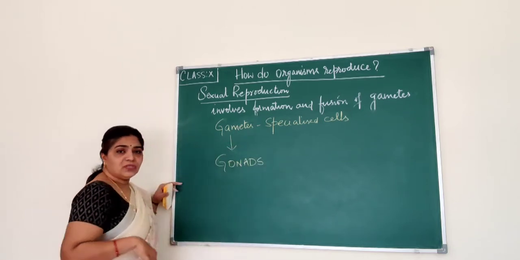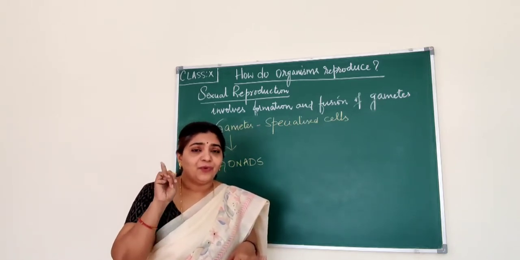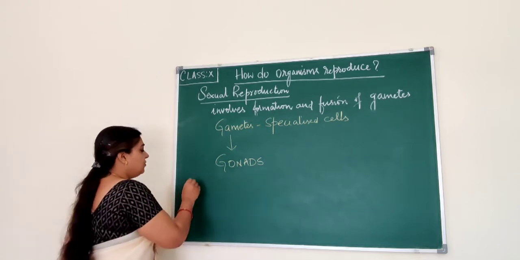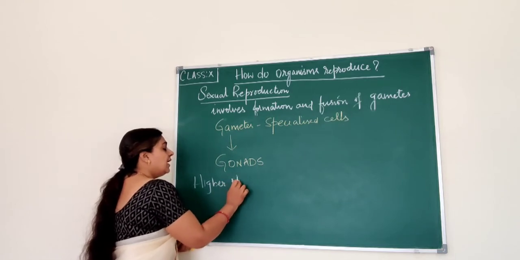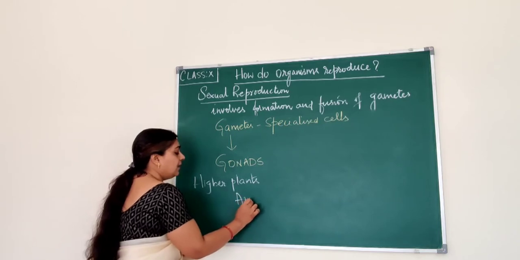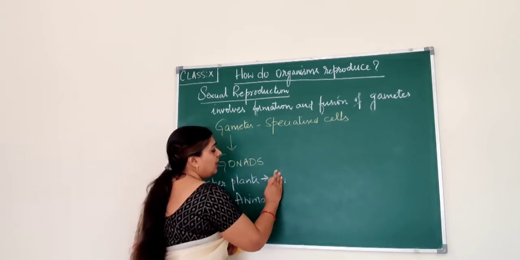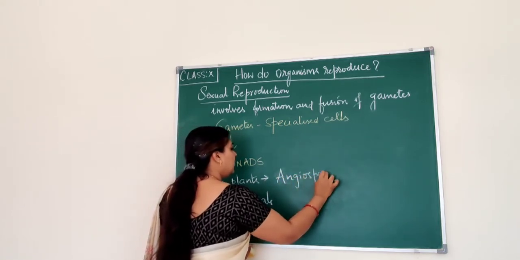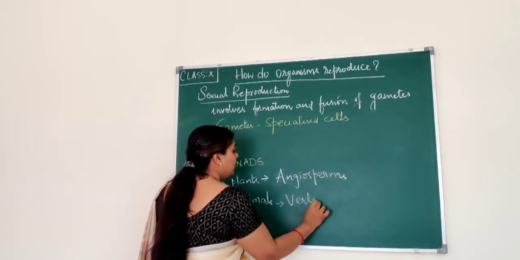You should know very well that sexual reproduction takes place only in higher plants and higher animals. So what is this higher plant? Here we are referring only to angiosperms. Angiosperms are what we are going to learn in this class, and by higher animals we are referring to the vertebrates.